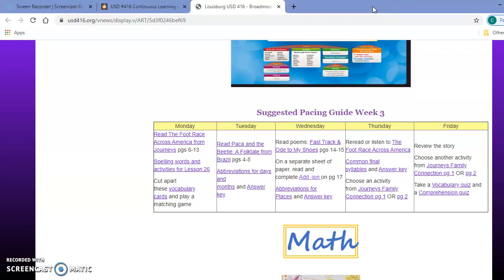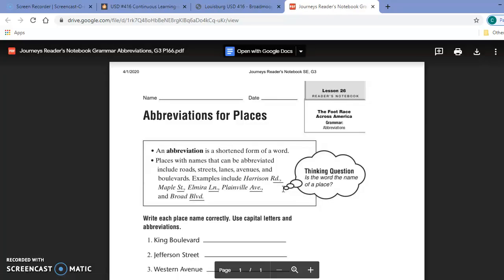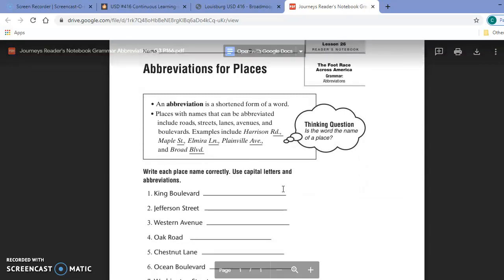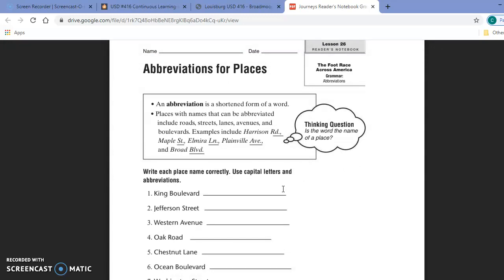And then coming back, we have another abbreviations page for you. Today we're going to look at creating abbreviations for places. We know we can abbreviate road names like road abbreviates to RD period, street ST period, lane LN period, avenue is AVE period, and boulevard BLVD period.